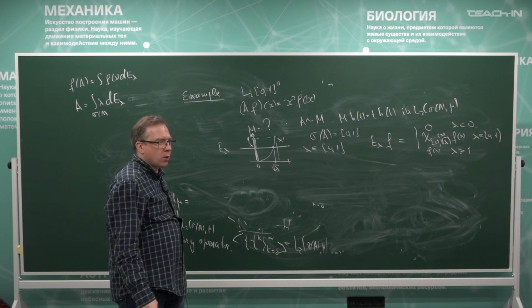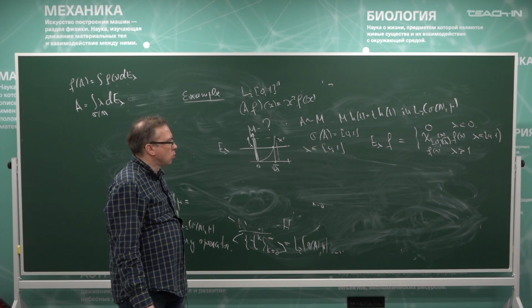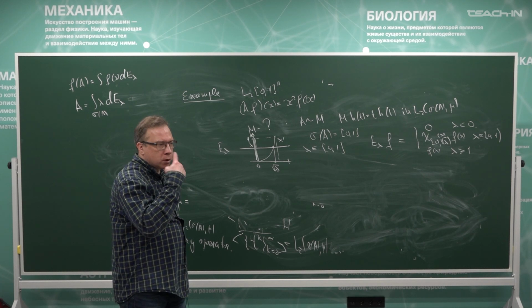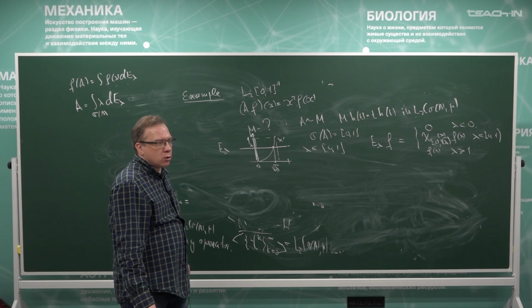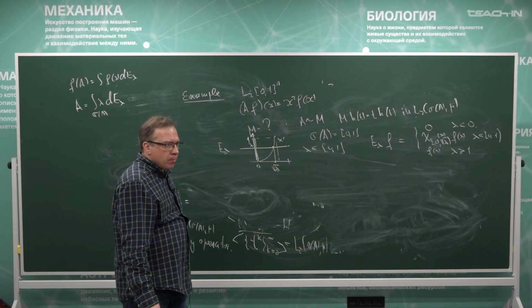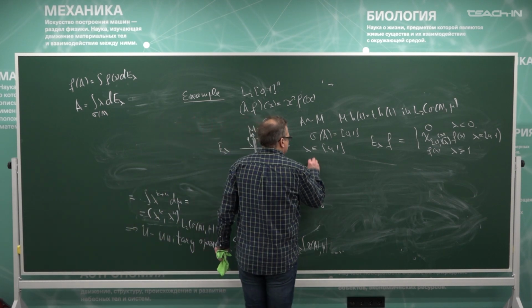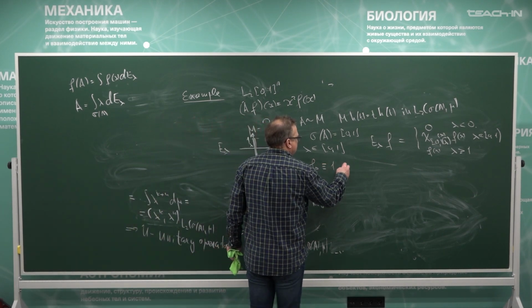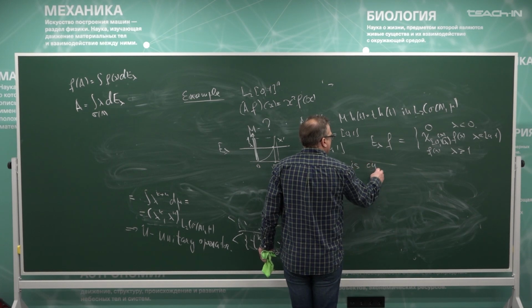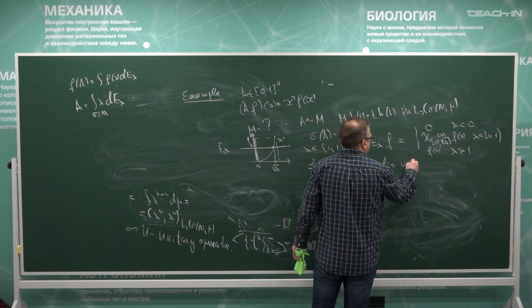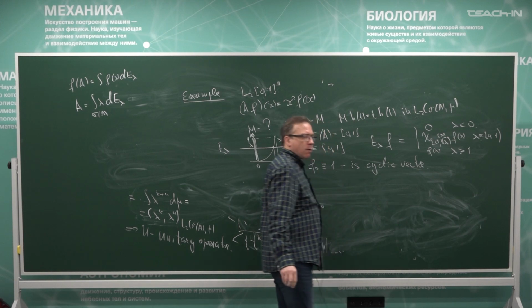It is a family of projectors, a monotonic function, we discussed it on the previous lecture. And I take f0, the identity, as a cyclic vector. It's a cyclic vector.